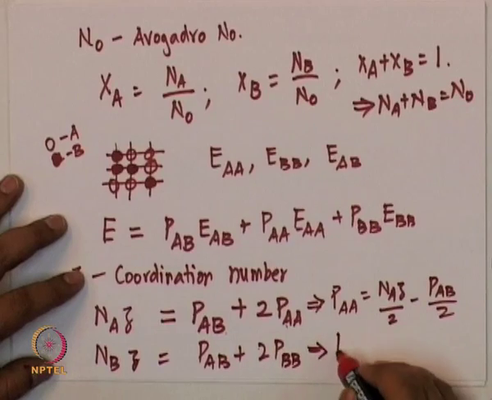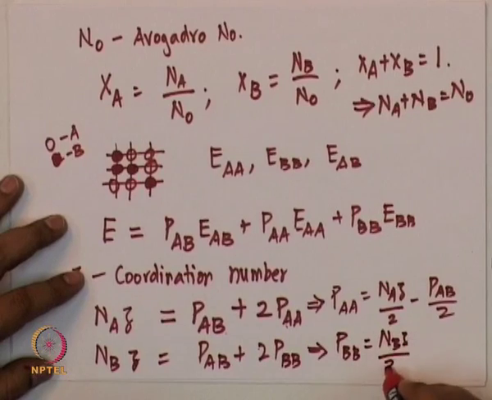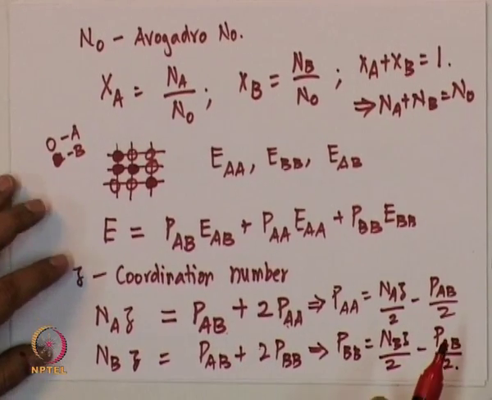So, that implies PBB is again NB Z by 2 minus PAB by 2. Okay. Now, we can write the total energy E in terms of these bond energies. So, what do I get?